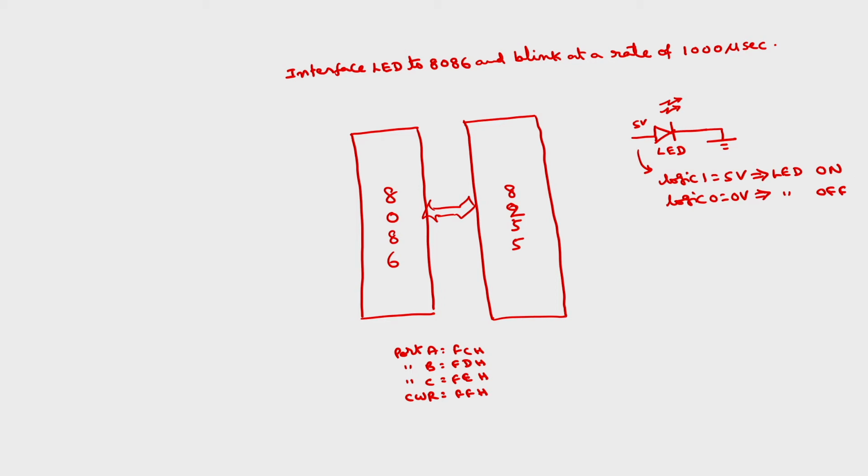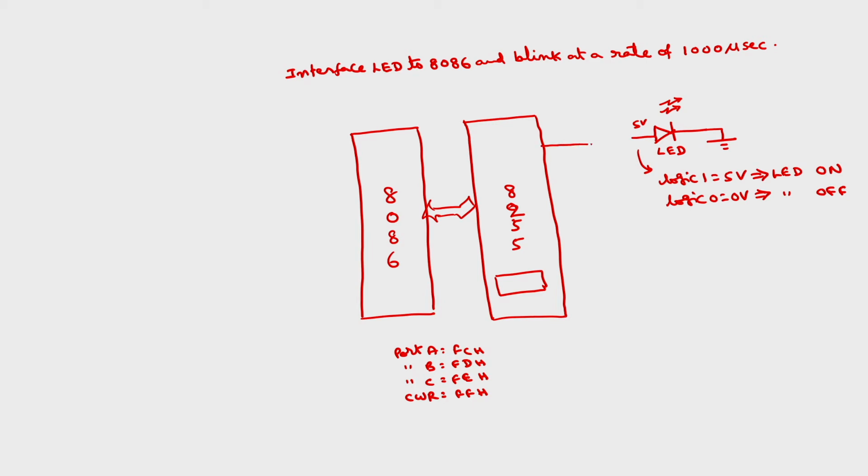Then in order to connect this, we know that 8255 has 3 ports, port A, port B, port C, and inside this we have of course the control register. I need only one port bit, so you can connect to any port.